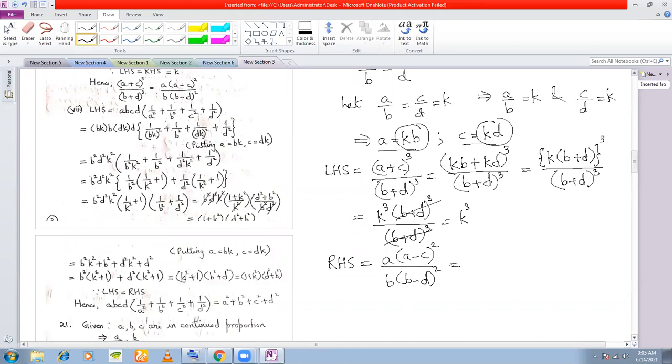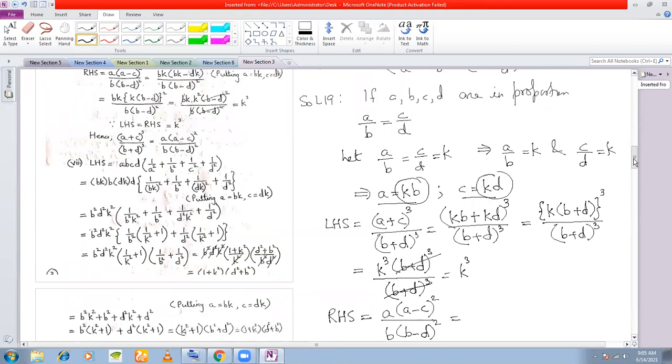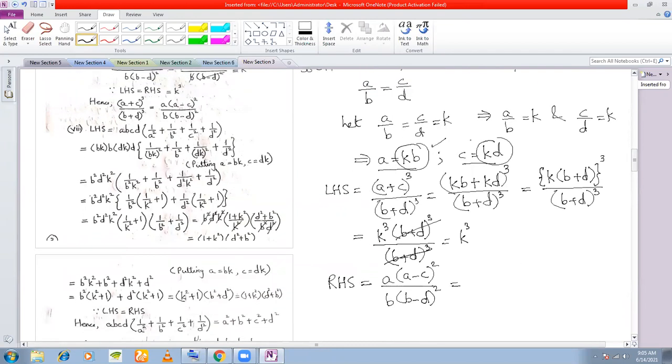You put the values of A and C, because we have found out the values of A and C. You put it here. A is KB and C is KD, whole square. B you write as it is and D also you write as it is.